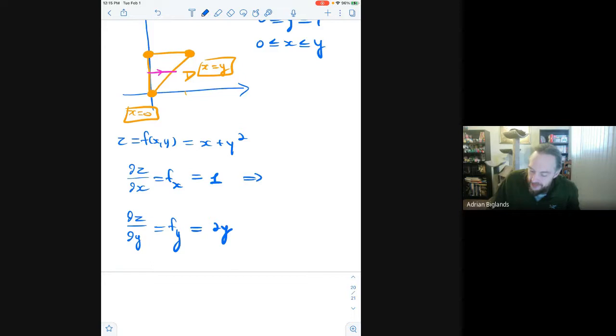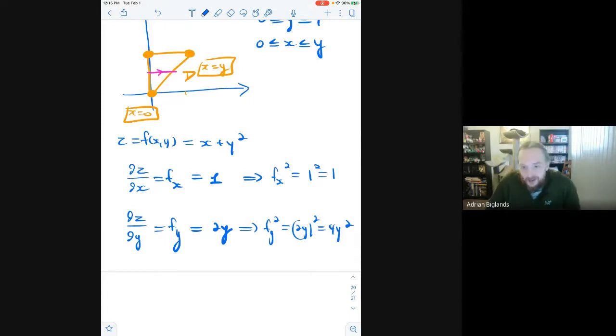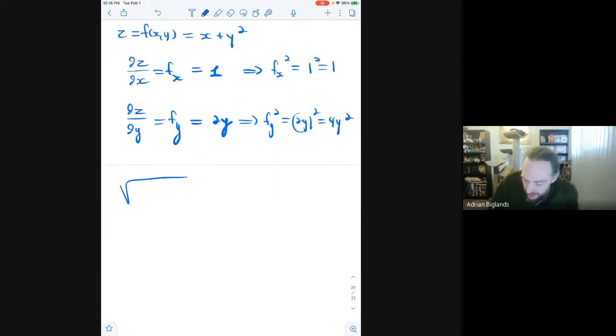So fx squared is 1 squared, which is 1. fy squared is (2y) squared, which is 4y squared. So the square root of fx squared plus fy squared plus 1 is the square root of 1 plus 4y squared plus 1, which is the square root of 2 plus 4y squared.